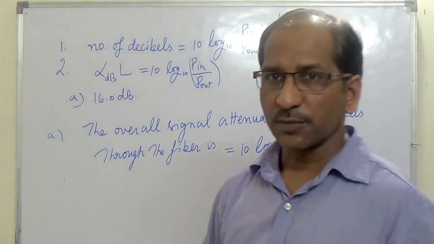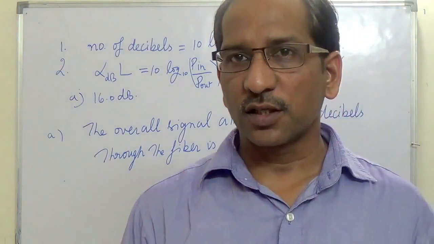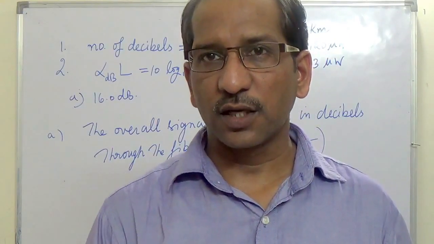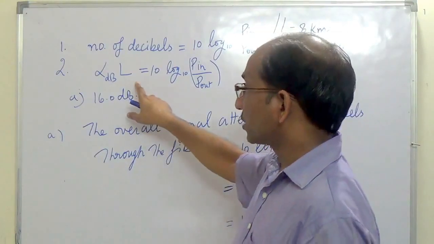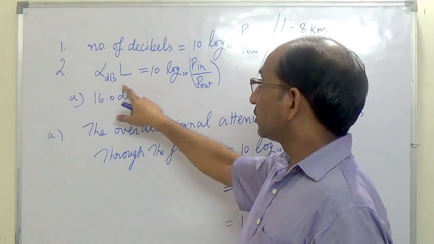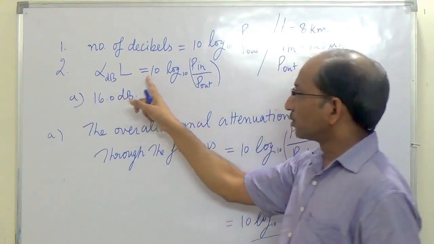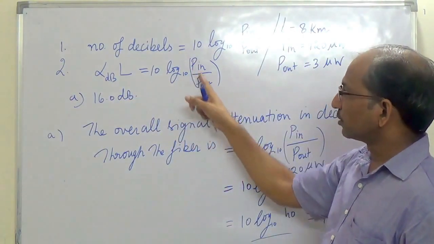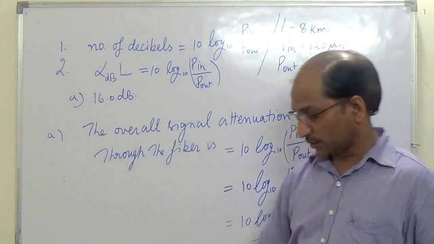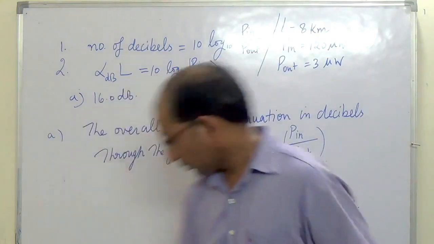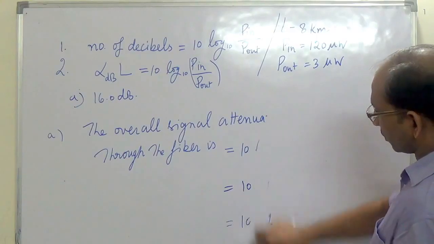If you have to find out the loss or attenuation into the optical fiber for a given length, then you have to use the second formula, alpha dB into L is equal to 10 log 10 P input upon P output, same. So this is 16 dB, the first part. And now the second part of the numerical problem.